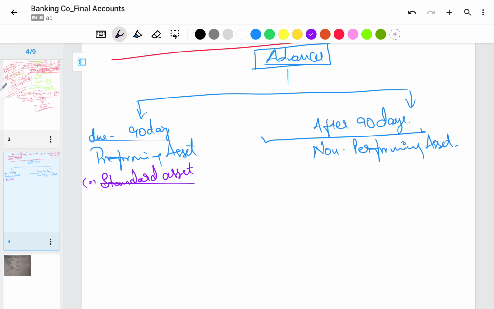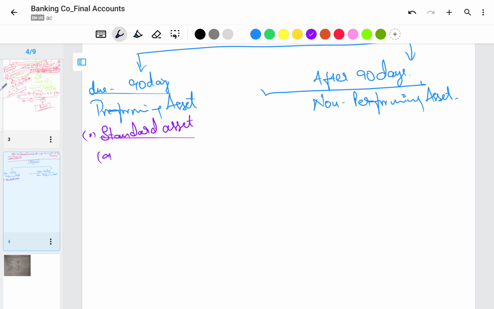Standard assets have four categories. First category, you can write down for your purpose, loan based on purpose. Let's say for agriculture, real estate.